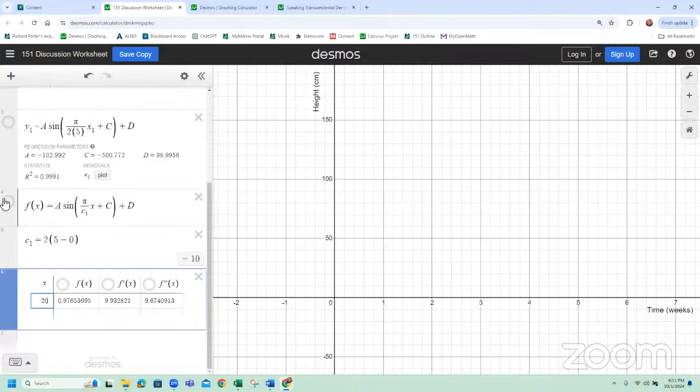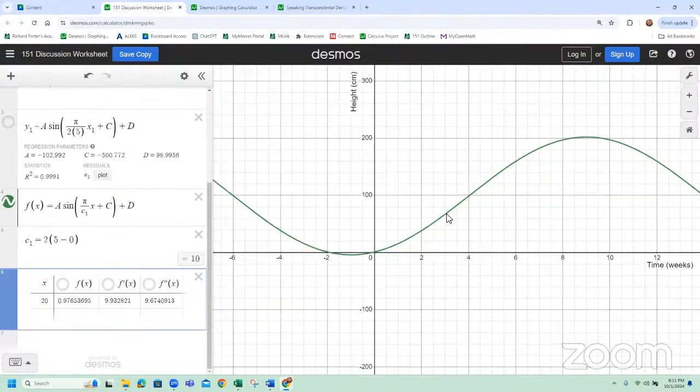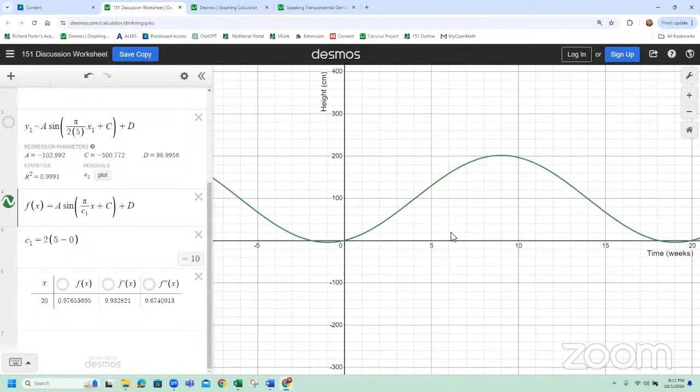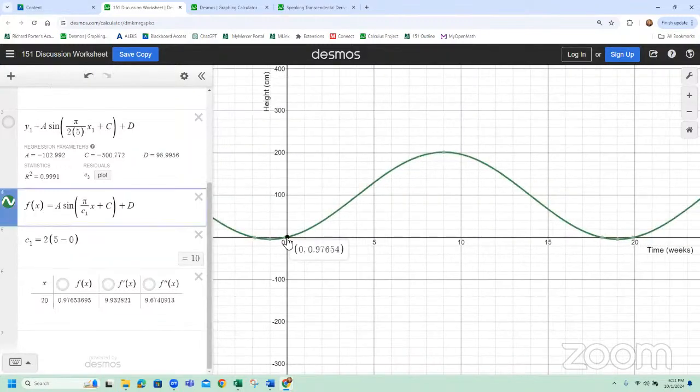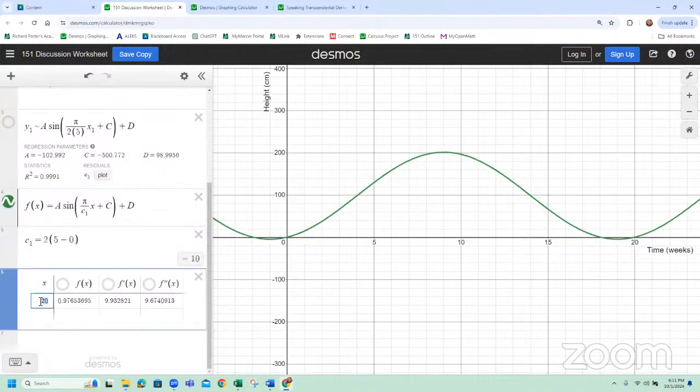Okay. And then if you turn it on, one of the things it's going to ask you is the period. Looks to me like the period from here to where it repeats again is 20. So the period isn't 10, but 20. So in the 20th week, the height is 1 centimeter. They said use whole numbers. So it's 1 centimeter and it's growing at 10 centimeters per week. And it's accelerating at 10 centimeters per week.